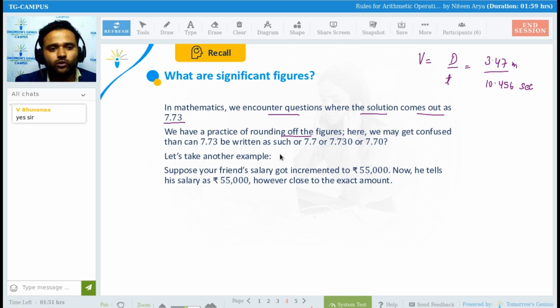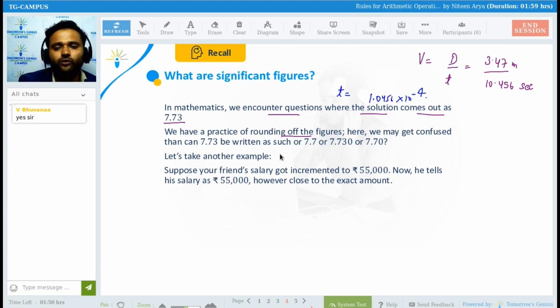Whatever your answer for velocity is going to be, it is going to be by the meaning of significant figures, the total number. If I write this time t equal to 1.0456 into 10 to the power minus 3 or minus 4, the power represents the order.